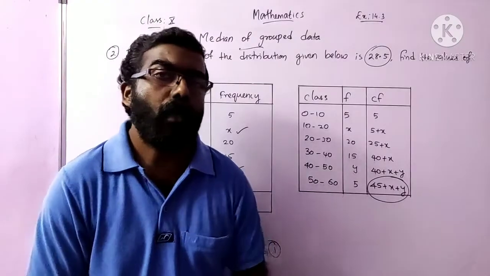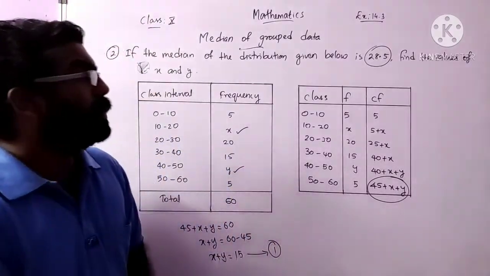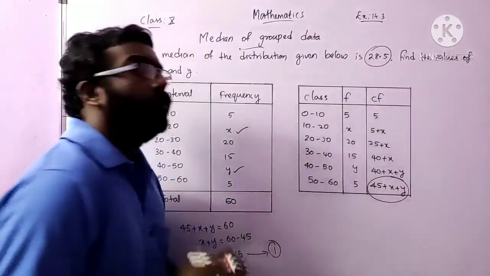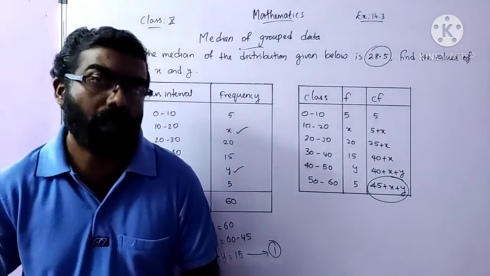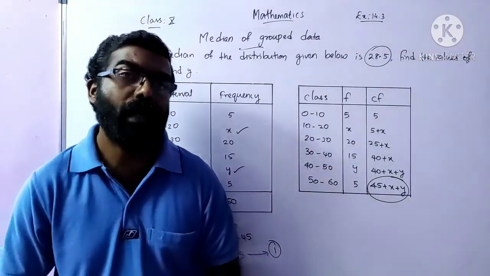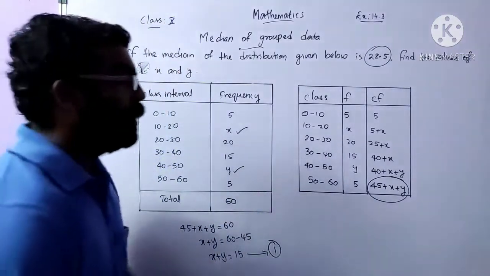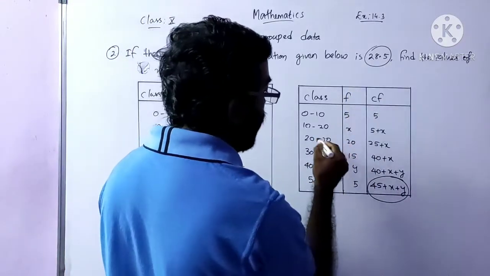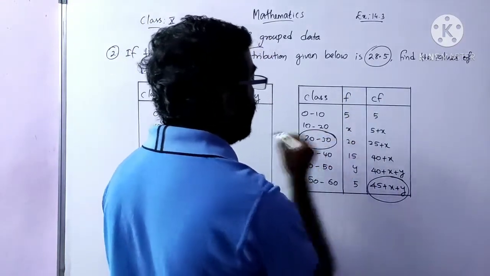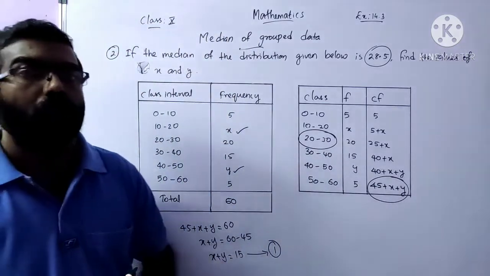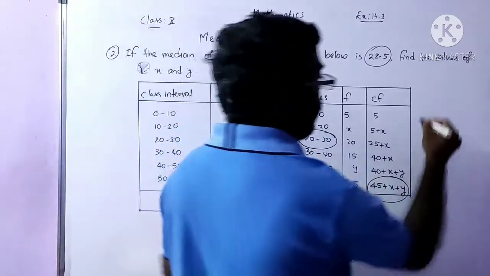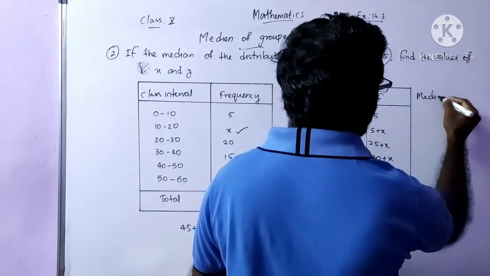Okay. Now we have to identify the median class. Here the median is given and we know the median always lies in the median class. So 28.5 clearly lies in the interval 20 to 30. So that will be the median class.